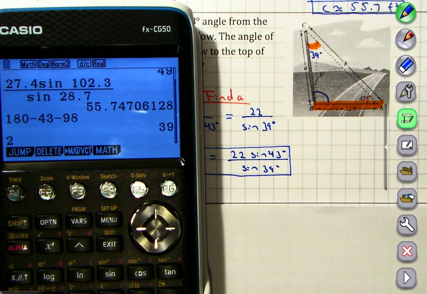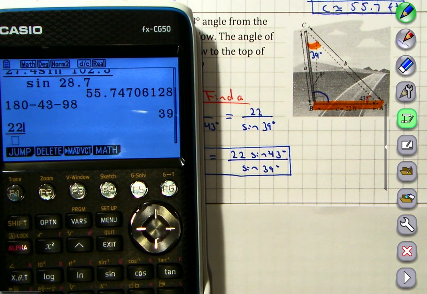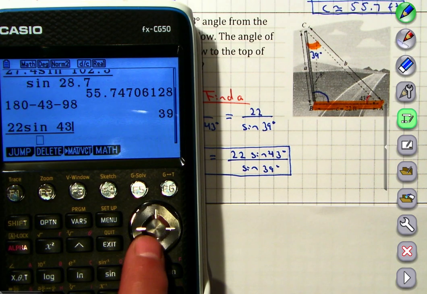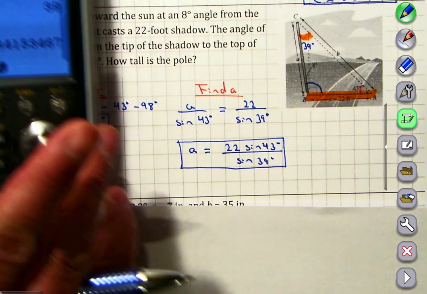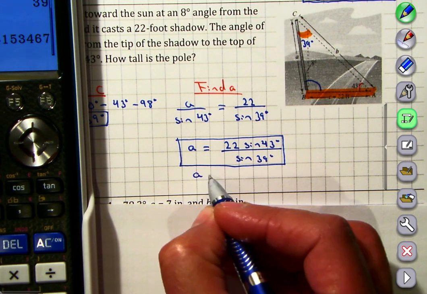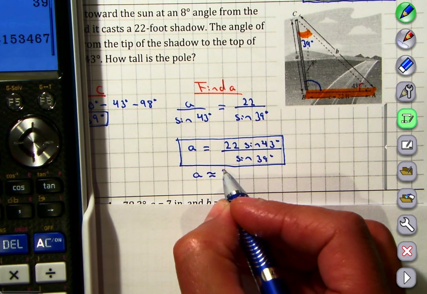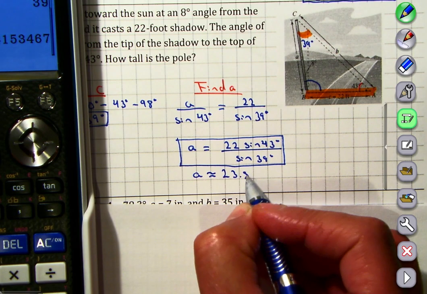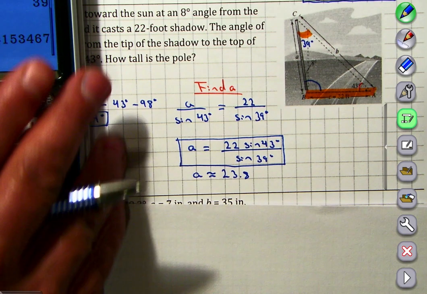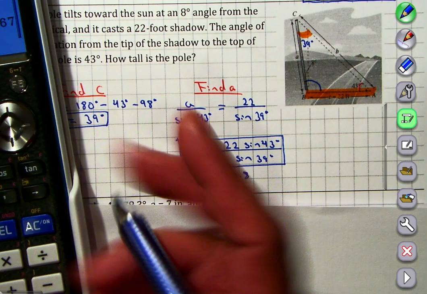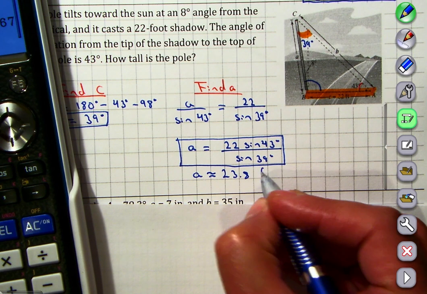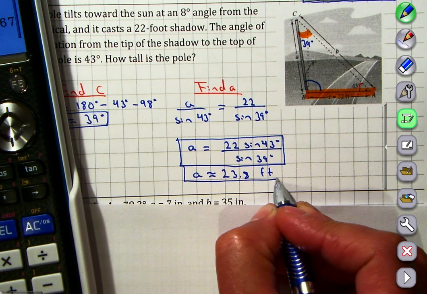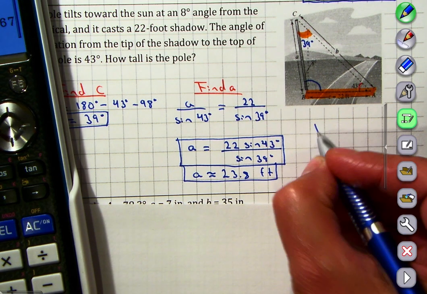It will give us, let me use my fraction bar, 22 sine of 43 over the sine of 39. And therefore, A is approximately 23.8. And they're not using any decimal places, but for purposes, we're just going to use 23.8 or 28 feet is fine.